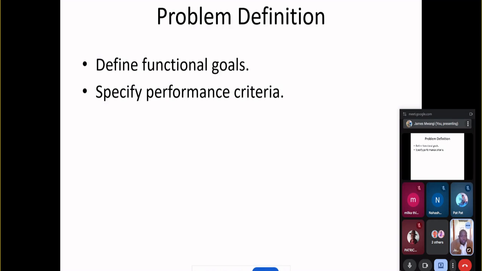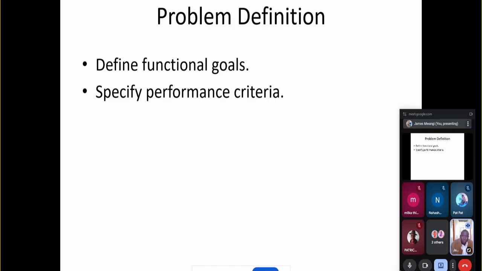Okay, so let's start with the first one, problem definition. You can define functional goals. You want to build a bridge which can go over something that has never been done before. You can go 120 kilometers over hilly places so it is not touching the whole ground. So you define what you want to achieve.